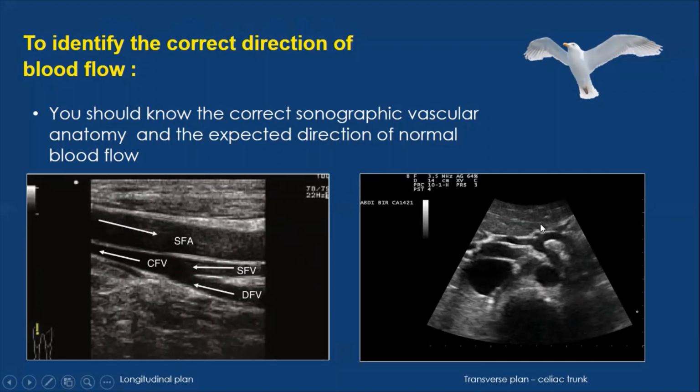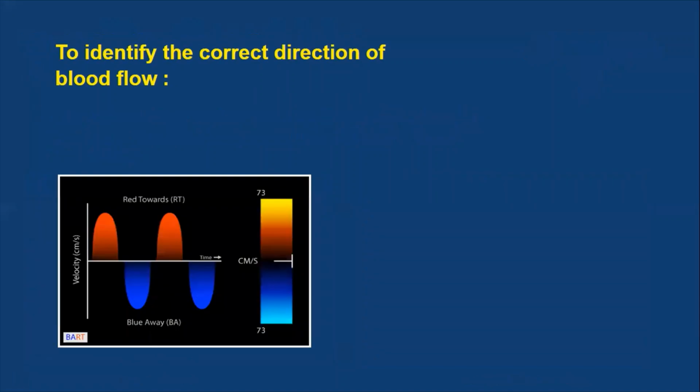The left gastric artery is not shown here, but it's part of it. The normal direction of flow will be from the aorta going up. So you should know what the flow direction should be before even starting any study. This is anatomy and physiology.